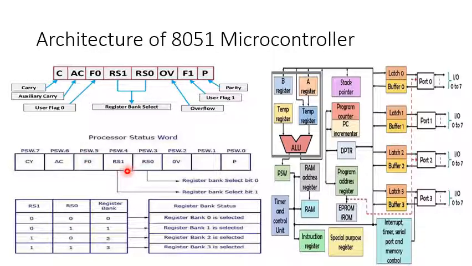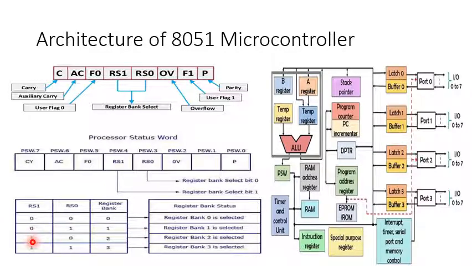Now let us talk about RS1 and RS0. These flags are used to select the bank of registers by setting those flags as shown in the table. If RS1 and RS0 are 0, 0, then register bank 0 is selected. If RS1 and RS0 are 0, 1, then register bank 1 is selected.